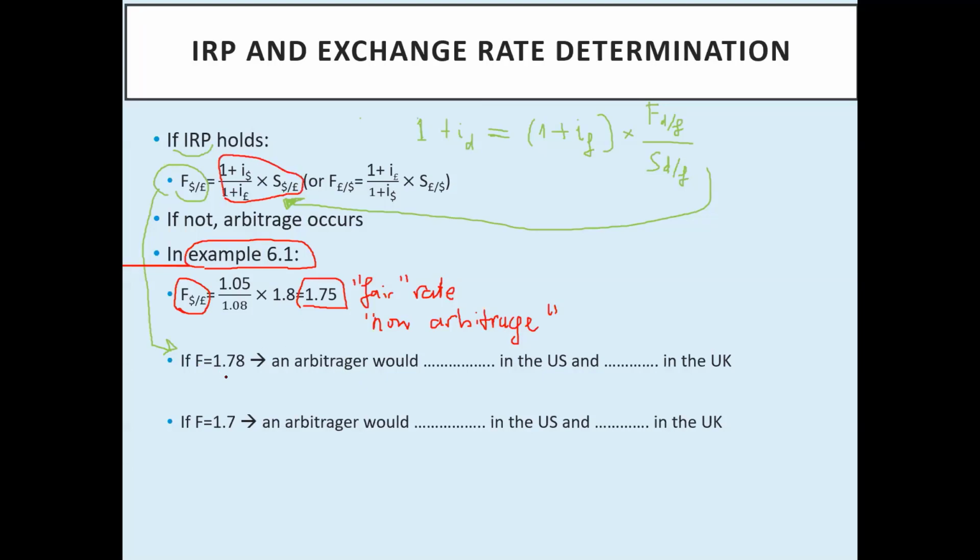So every time the actual forward rate is different from 1.75, this is when the IRP does not hold, and this is when you have an arbitrage opportunity, okay? If the forward rate is greater than 1.75, what we want to do is borrow domestic and invest in the foreign country, okay?